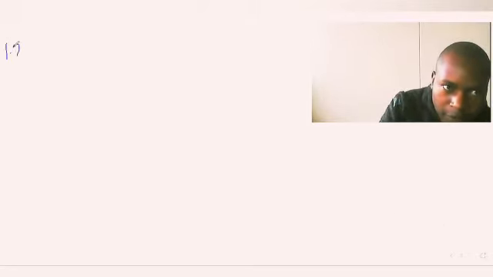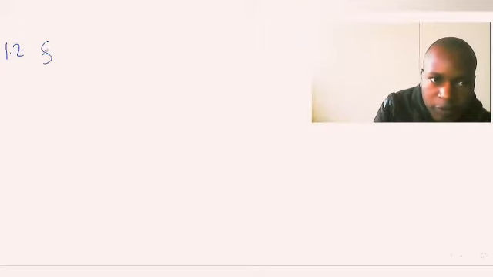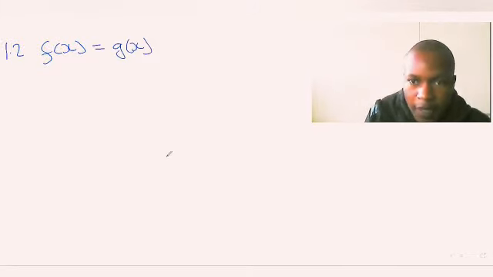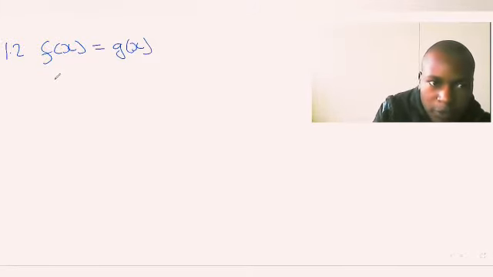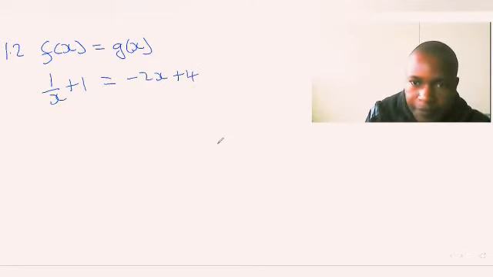That would be 1.2. To find the points of intersection, you have to equate the f of x function to the g of x function. So the f of x function, 1 divided by x plus 1, equals -2x plus 4. That would be the g of x function.